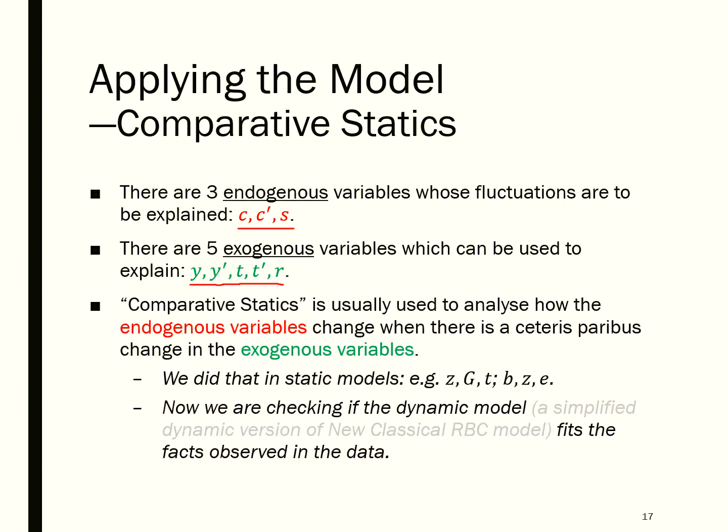This is what we call comparative statics. We have done that in the static model as well. Now we want to see if the predictions of the simplified dynamic model can fit the stylized facts of business cycles in the credit market observed in the data.